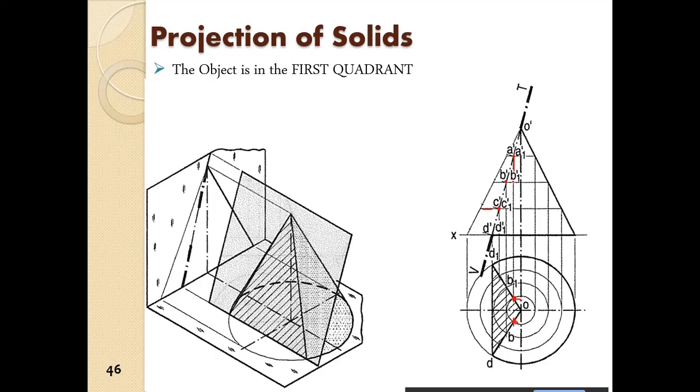Similarly C dash and C1 dash are here, and we have D dash and D1 dash at the end. So this is the top view of the intersection plane.